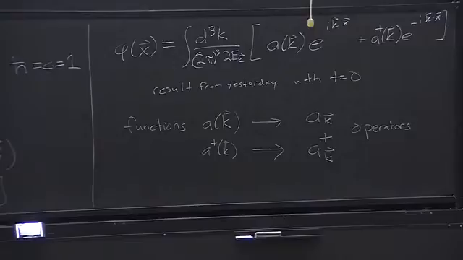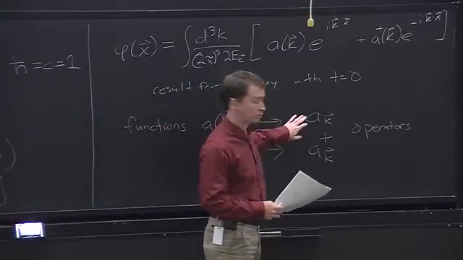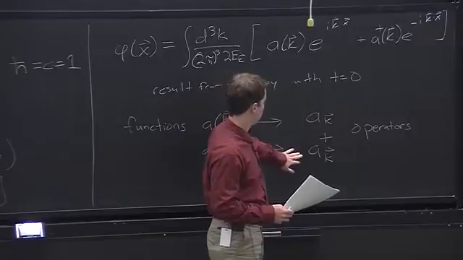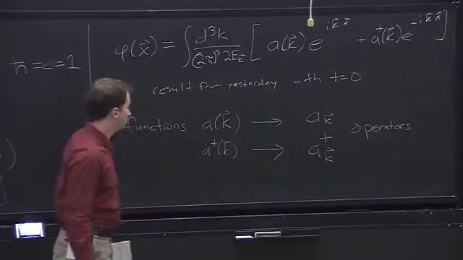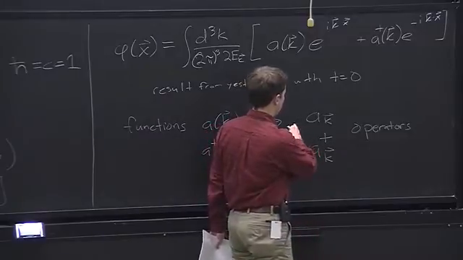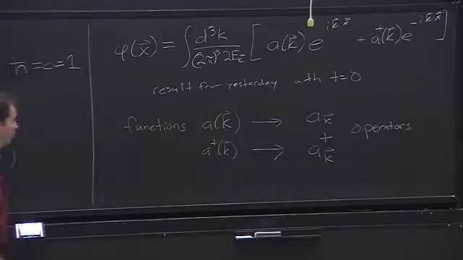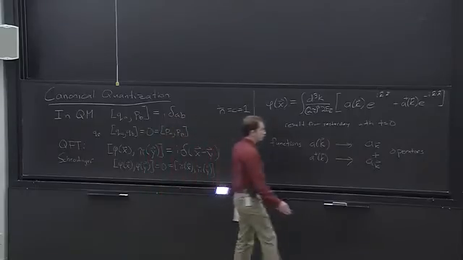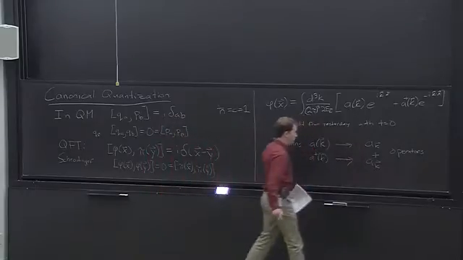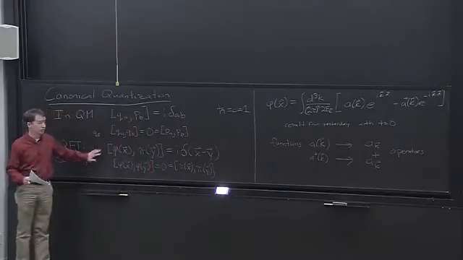Now these operators, which we'll see in tutorial tomorrow, create and annihilate single particles with definite momentum and energy. The commutation relations between these operators are determined by these commutation relations.